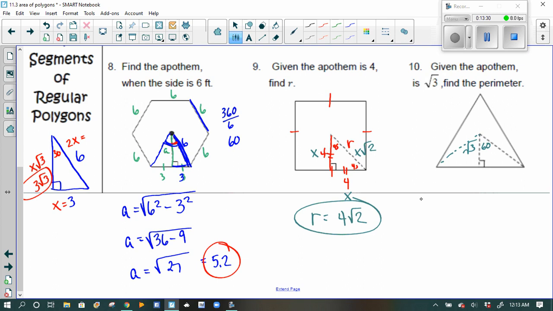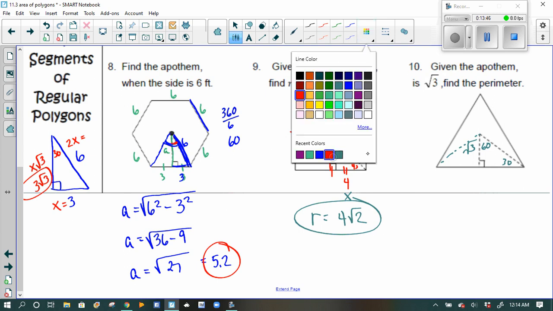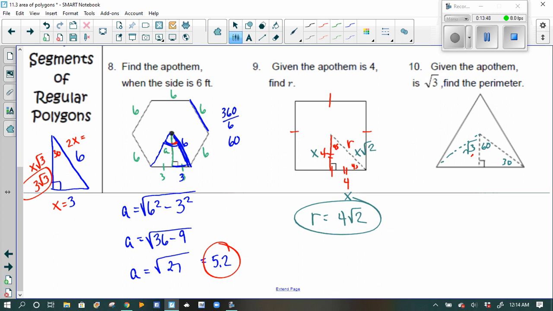Okay, so you're really going to have to use those 30, 60, 90, and 45, 45, 90 rules that we did before spring break. So if this is 60, then this is 30. So we label the triangle according to 30, 60, 90s. This is x, this is 2x, because the hypotenuse is always double. This is x square root of 3. So that means that x is equal to the square root of 3.